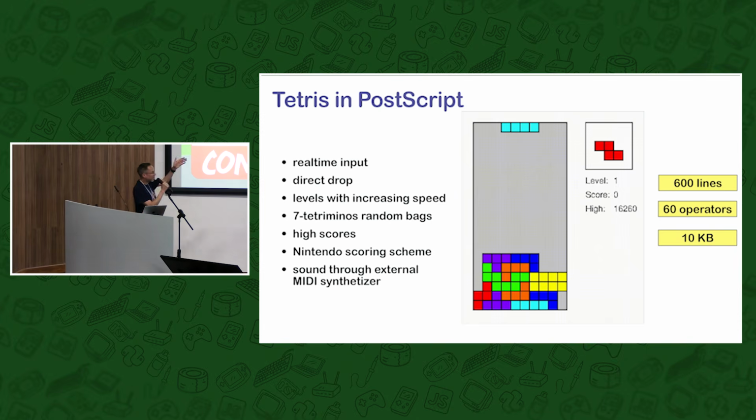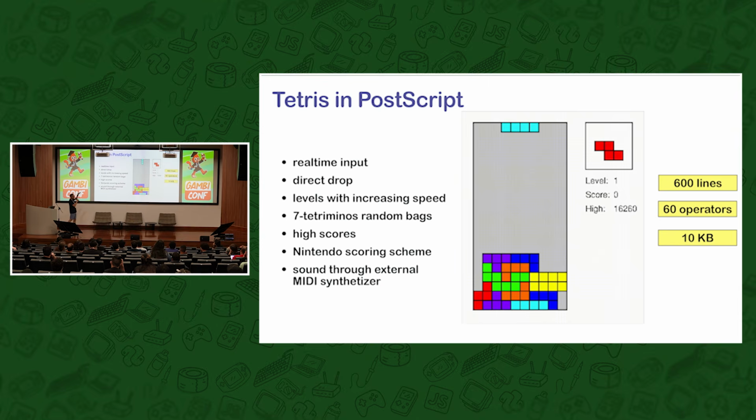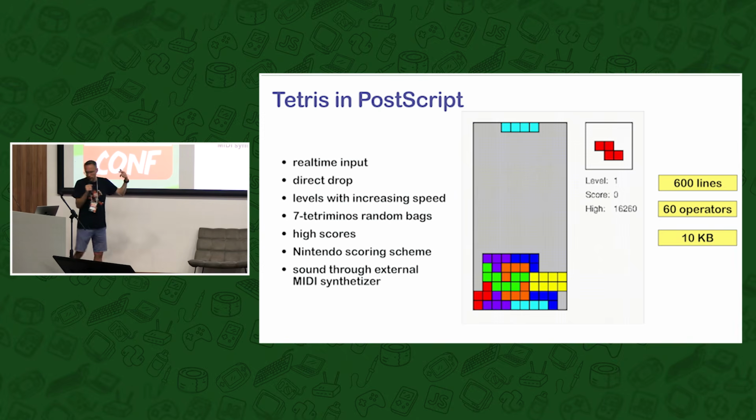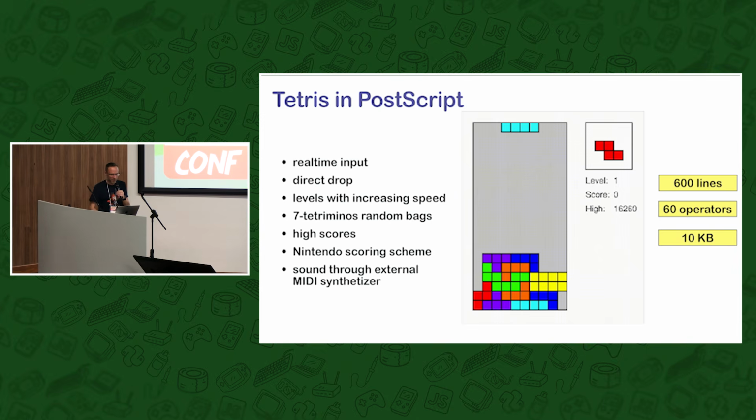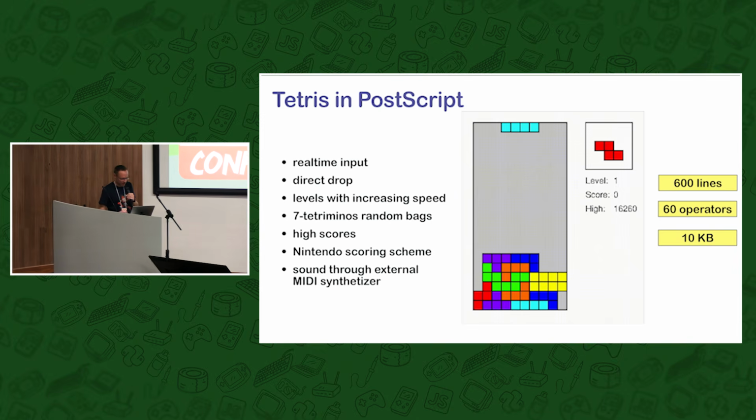It features everything that you can expect from a Tetris game, like increasing speed, random bags. There is a subtle algorithm to ensure some fairness in the pieces drop. It even stores and persists the high scores, uses the same scoring scheme as a Nintendo implementation, and this week I managed to produce some sound, hence the test before the run.